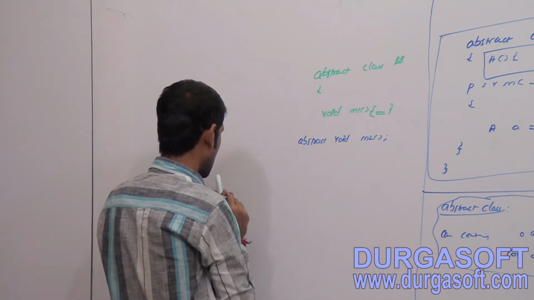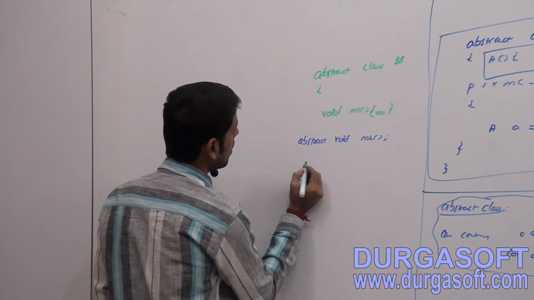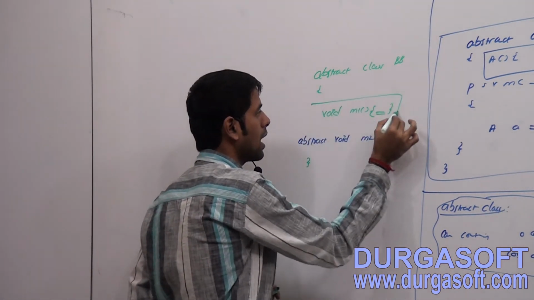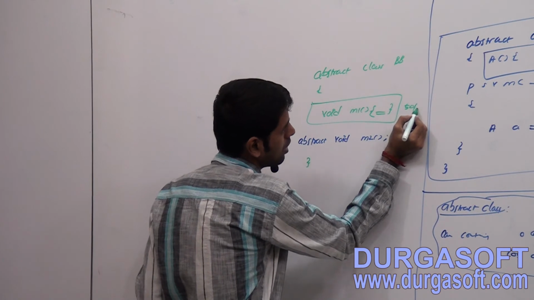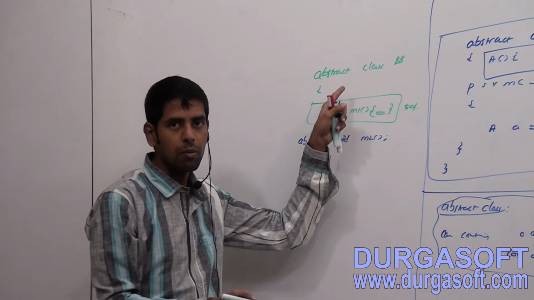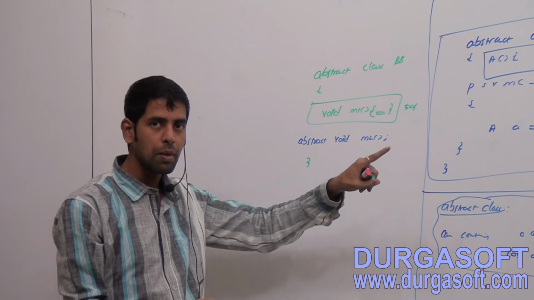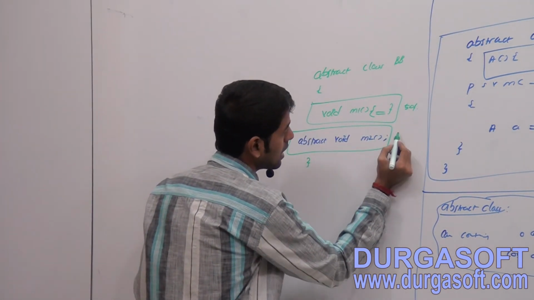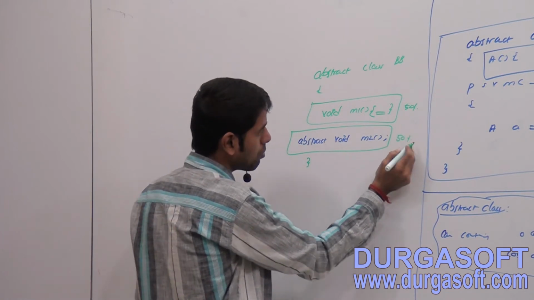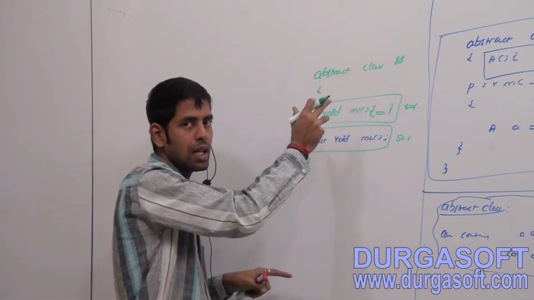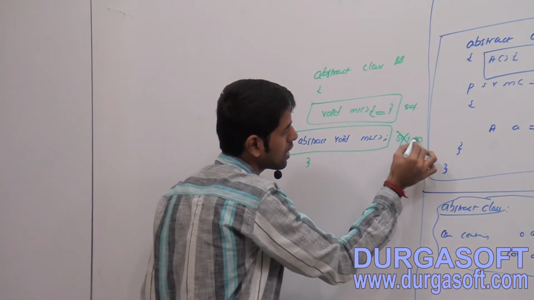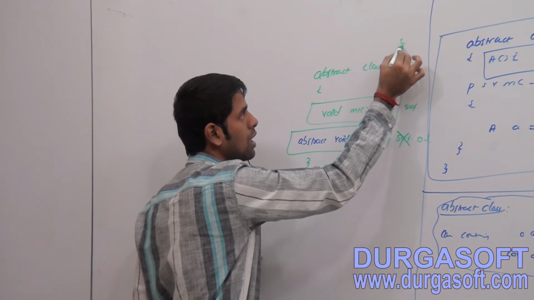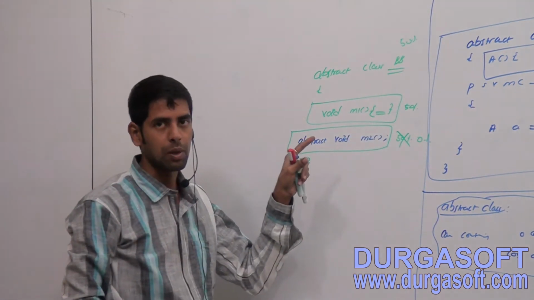This method has a 50% weightage for implementation of this class, but this one has 0 because it is abstract. So this class has only 50% implementation.